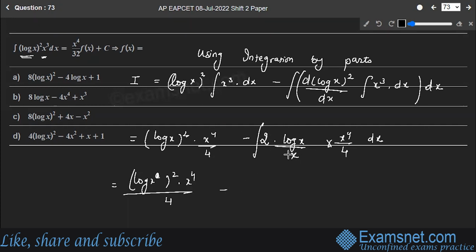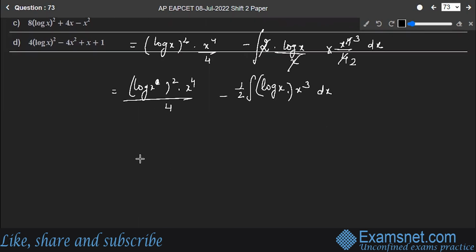So over here, what you will get, this will cancel this one, and this x will cancel this. So you have minus log x, half will be taken outside, into x cube dx.